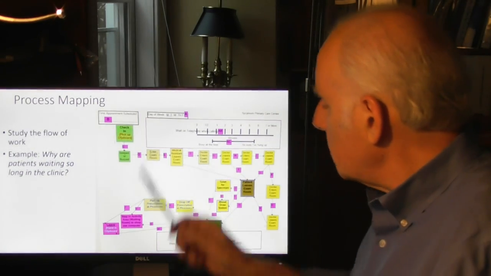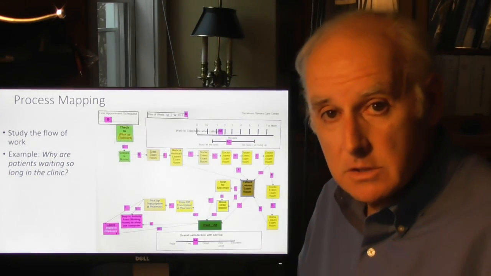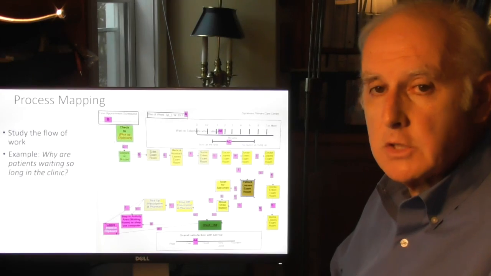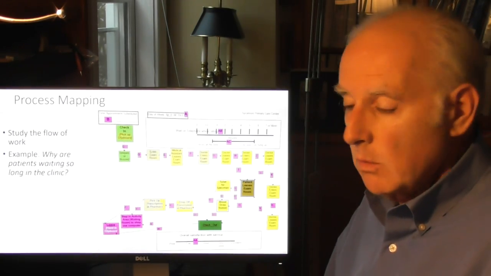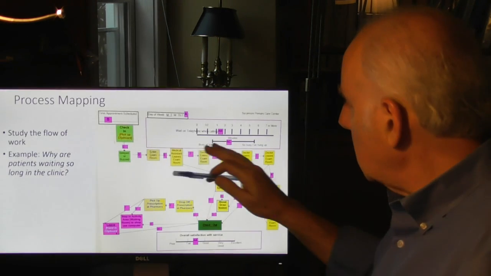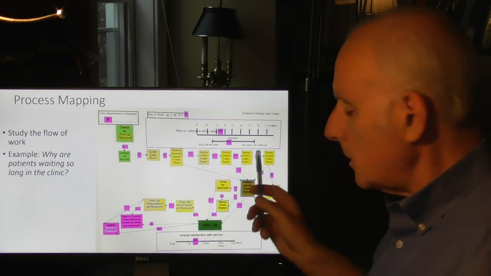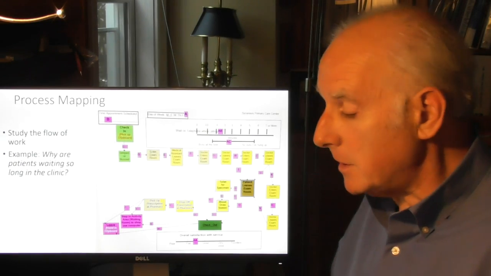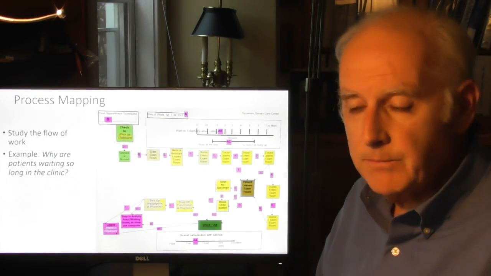What we did was we took these various parts, we created a form, and we had the patients time each of these steps, how long they as individuals had to wait to go from one step to the next. What we discovered was not a particular surprise, but the key bottleneck was related to the doctor's time and behavior, and some of that was related to the teaching process, with the doctor having to go in and out of the room.